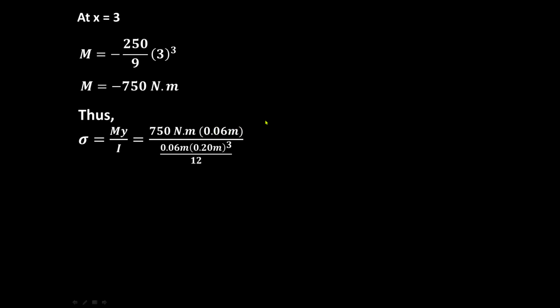But that does not mean we will calculate the inertia without the 0.04 at the top. Our I is still the same. The dimension of our cross-section of the beam will not change, BD cube over 12. The base is still 0.06, the depth is 0.20, because it is 60 by 200, rectangular. Therefore, BD cube over 12.